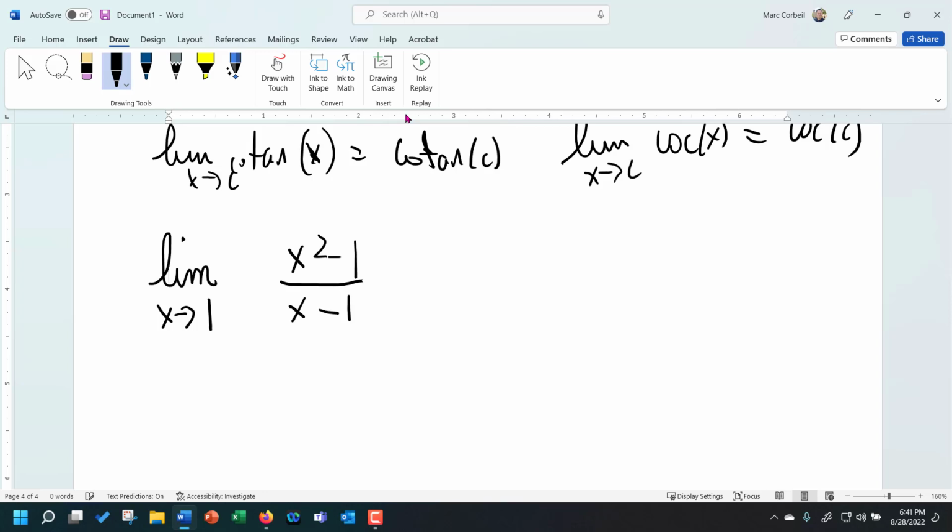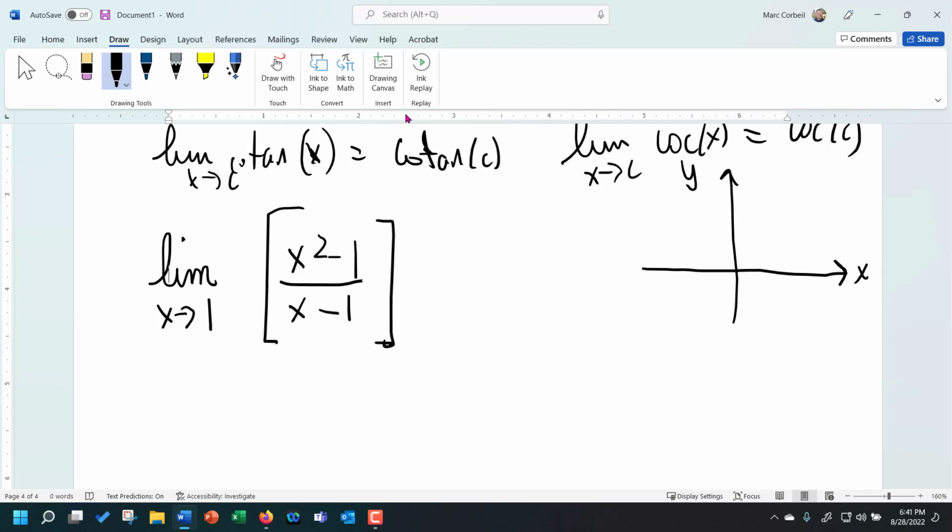This is a great example because it's going to show us a lot of things. So one of the first things we do with the limit is look at that. That's a rational function. It's going to be a little more complicated. We can see it as a function right away. If we were graphing this function, we would make a note of that division by 0 right there, that as a function f of x, x cannot equal 1.